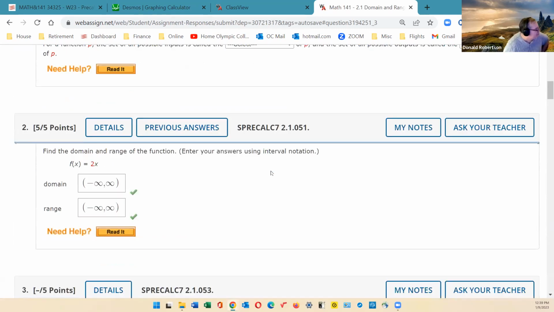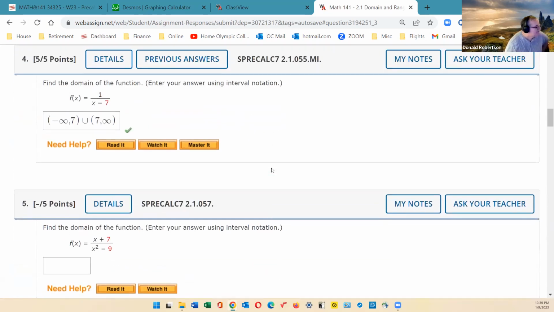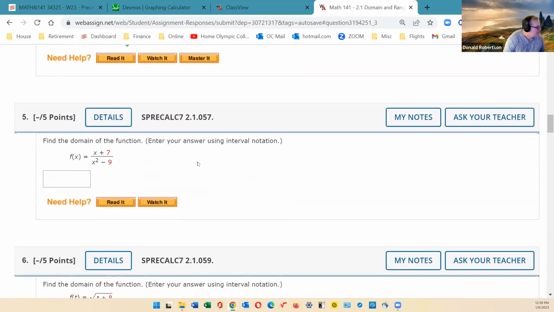There, I've lost you. There, is correct. Any problems? Seem reasonable. Now, have you noticed that for fraction functions, they only typically ask you for the domain? But if you wanted to know what the range was, wouldn't you just plug it into the calculator and look at the picture, right? And it's plus to minus infinity or whatever it might be.